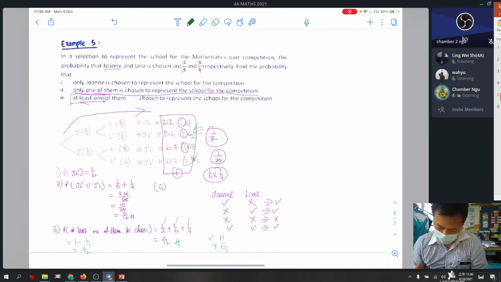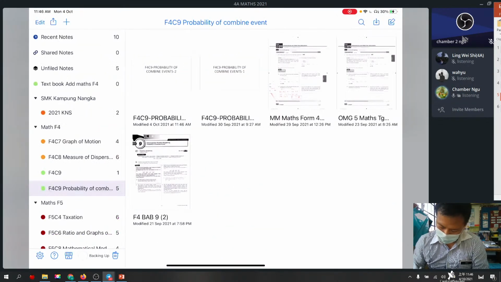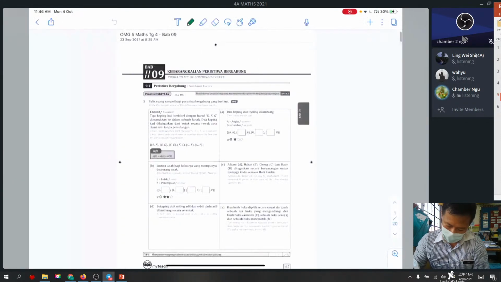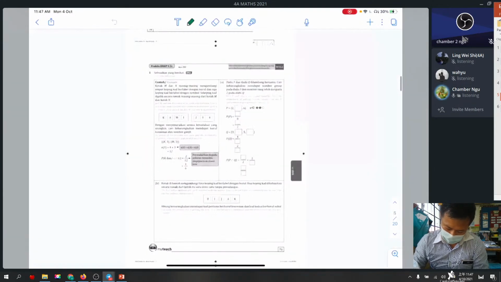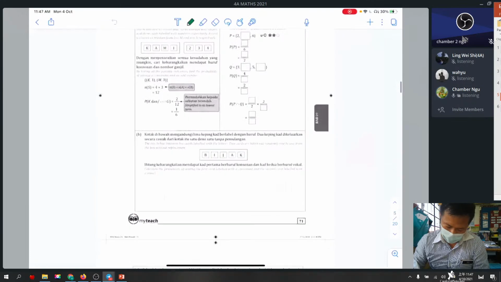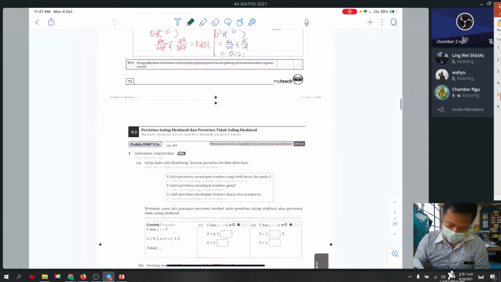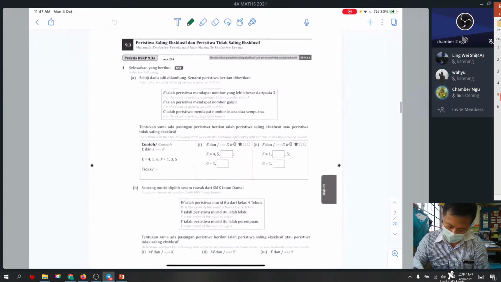Now look, take out your exercise, your workbook, in the page. Oh, lupa saya tanya, ada masalah ke tidak? Tak apalah, esok lah. So this one is mutually exclusive and non-mutually exclusive.